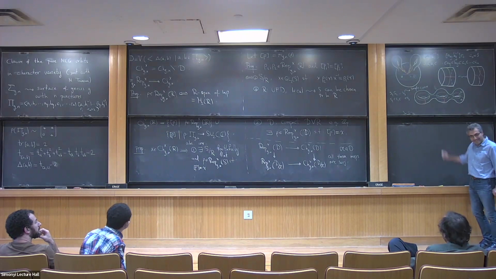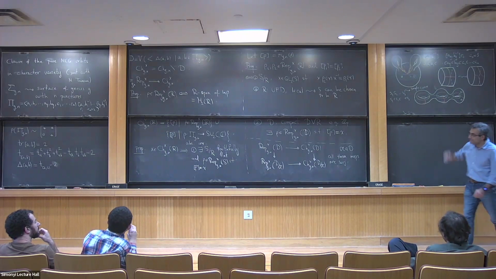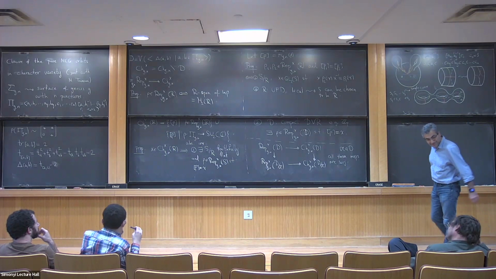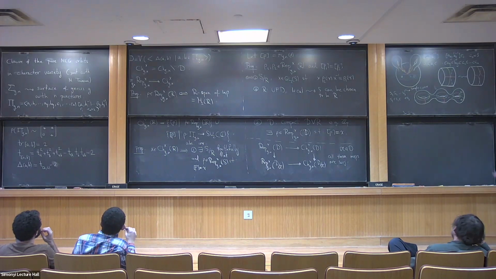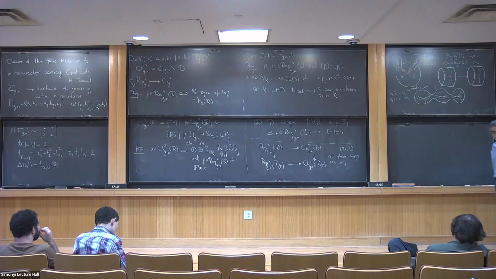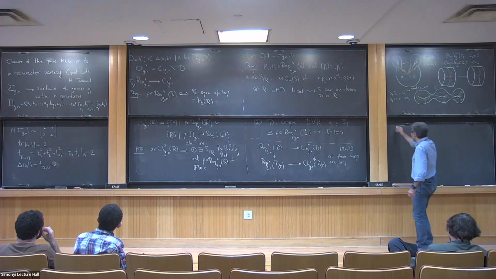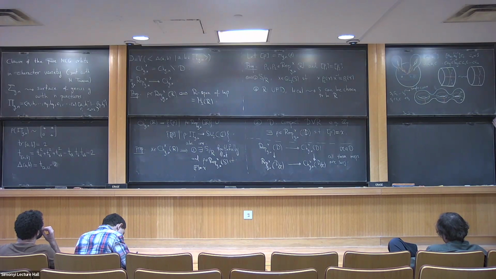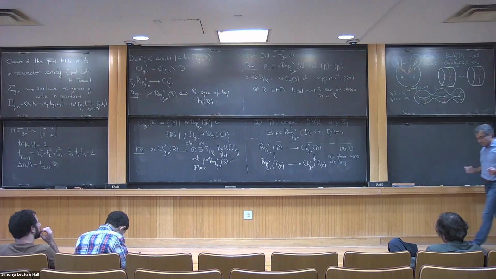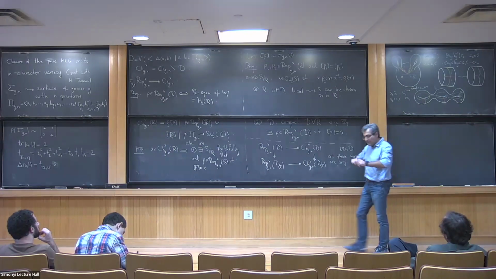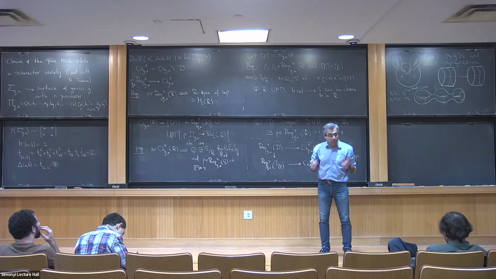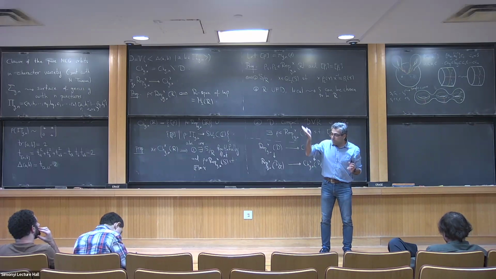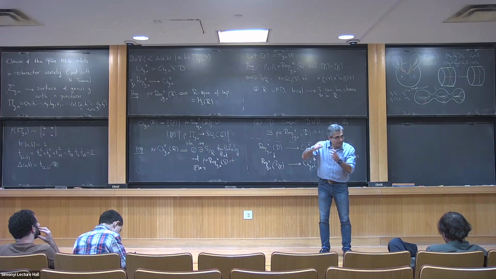Okay, so now I've defined what the character variety is. The next mysterious word is: what is the mapping class group? The mapping class group of any manifold, in particular surfaces, is the group of diffeomorphisms modulo homotopy.